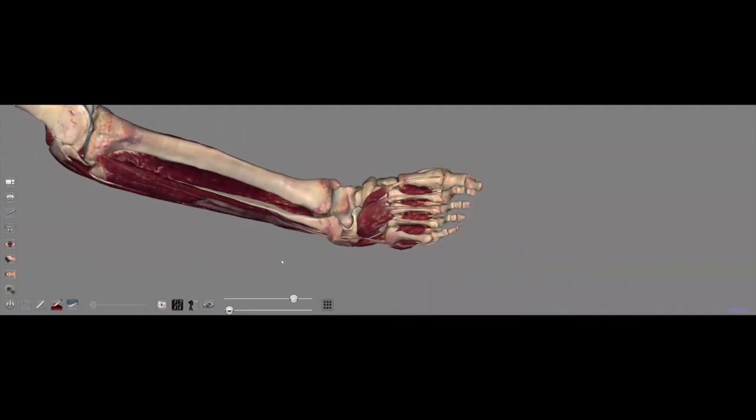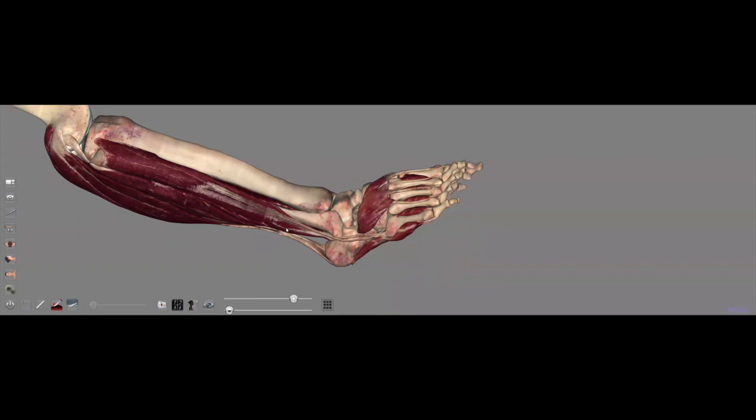Lastly, in the anterior compartment, you will sometimes find a muscle known as the fibularis tertius. The fibularis tertius originates from the inferior third of the anterior surface of the fibula, drawn here, and it inserts on the dorsum of the base of the 5th metatarsal, as seen here.